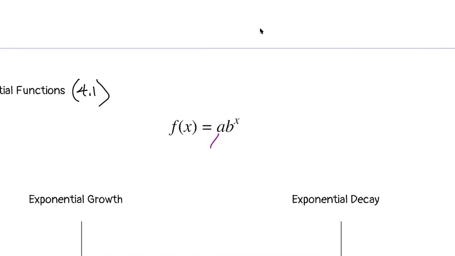This a value, the number in the very front, sometimes people call it an initial value. We can also think about it as the y-intercept.